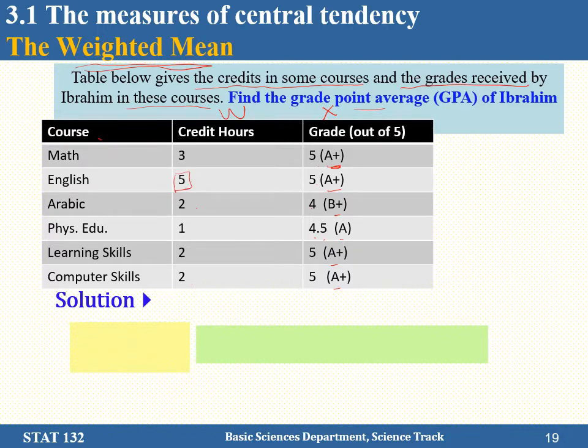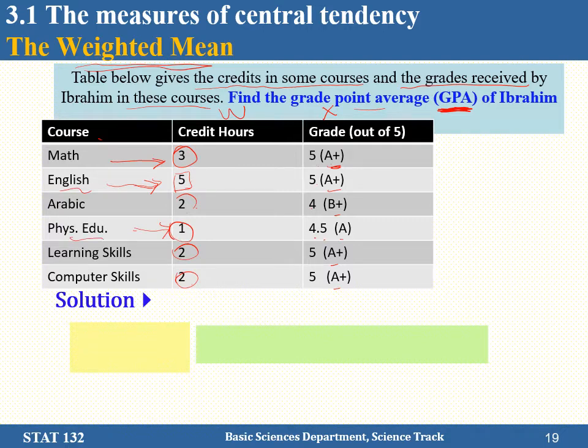The more credit hours, the more weight a course has. So for example, English is number one. You have to pay attention to English, it contributes much to your GPA. The second goes to math, and then maybe Arabic, learning skills and computer skills. And the last one, the least weight, belongs to physical education.